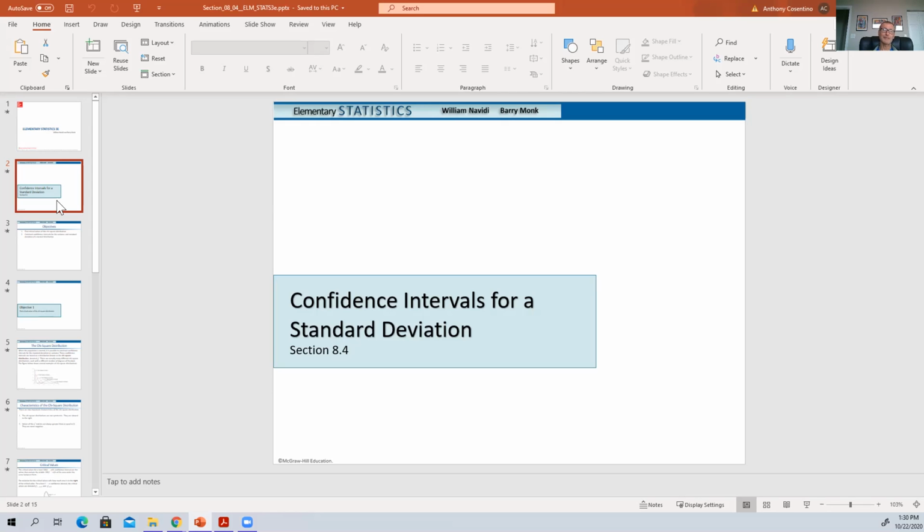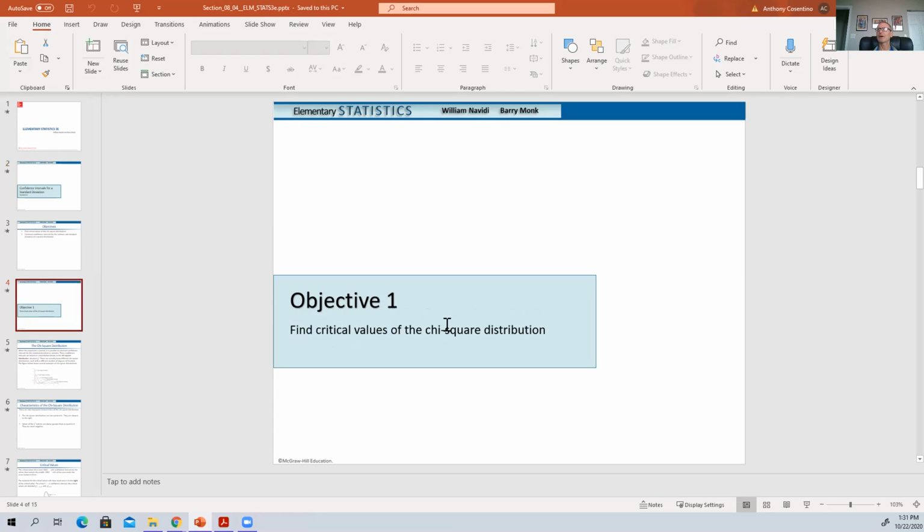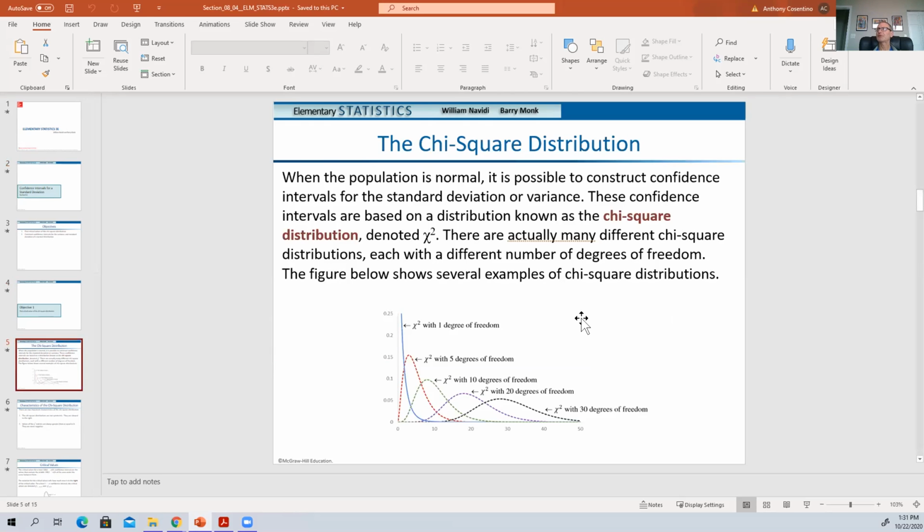And you'll see that, again, we're going to be doing plus or minus the error values like we've had throughout this chapter. But the more complexity we're going to add is this idea called a chi-square distribution. What's interesting about this chi-square distribution is that you can use it to do some testing.